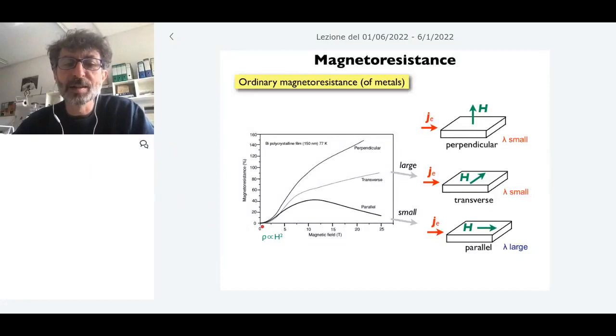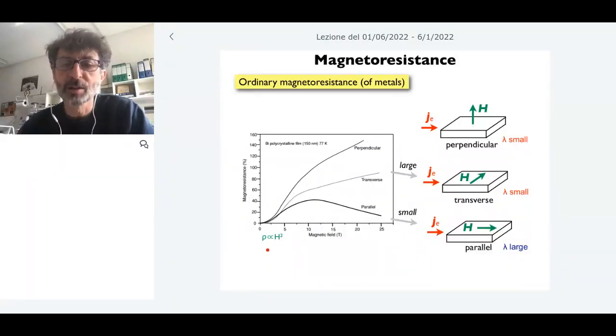So the resistivity will change as the square of the field. But then people took materials and tried to apply very large magnetic fields. As we have seen, typical fields generated by an electromagnet with an iron yoke can be around 2.5 Tesla. Here we go 10 times more, so 25 Tesla.